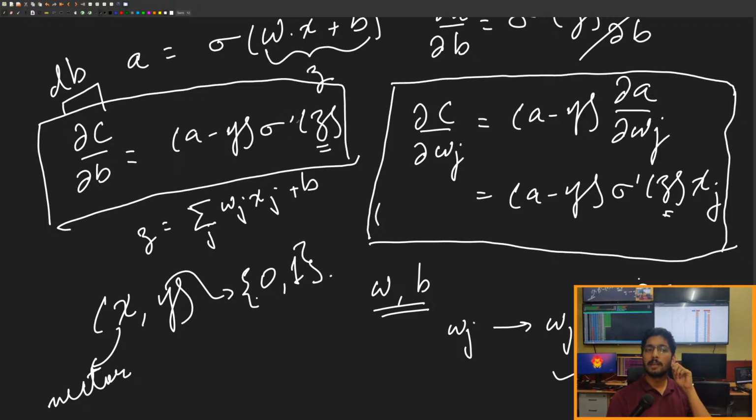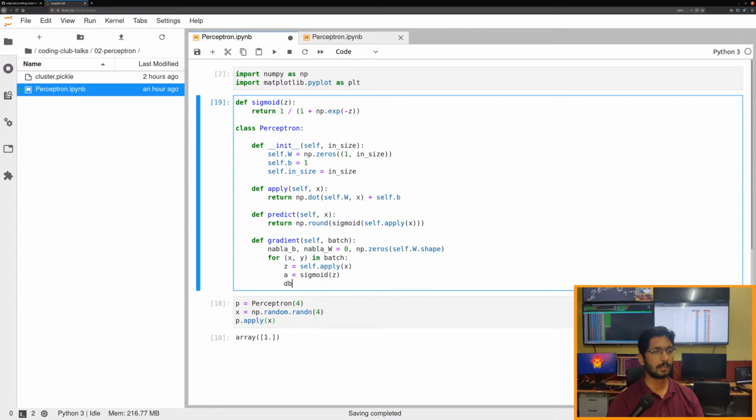So first we'll write this, and second we'll write the derivative of the sigma function. Now db is equal to a minus y times sigmoid of z. Z we have defined two lines above, and we want the derivative.